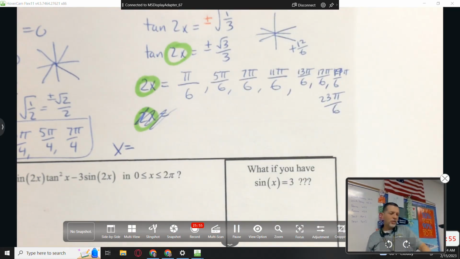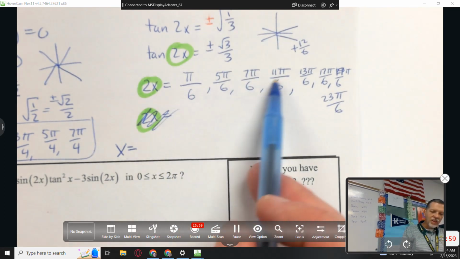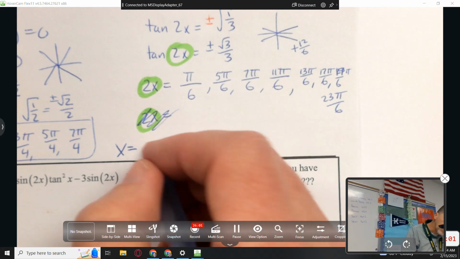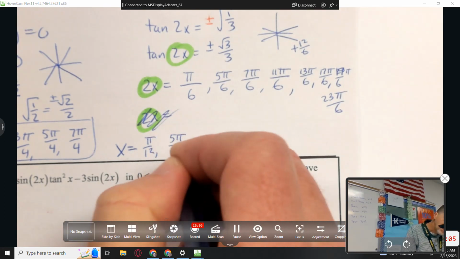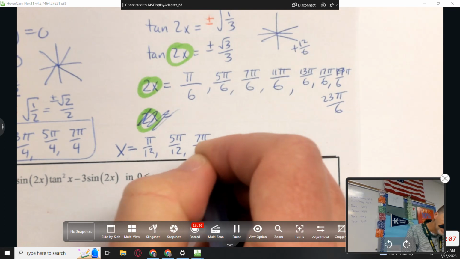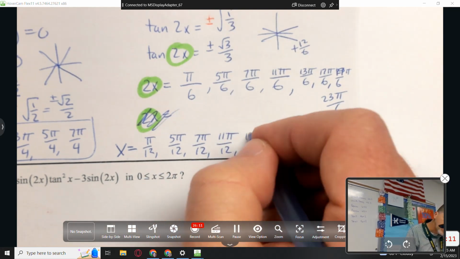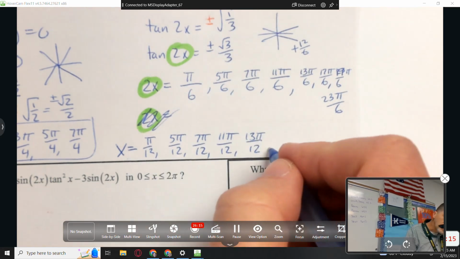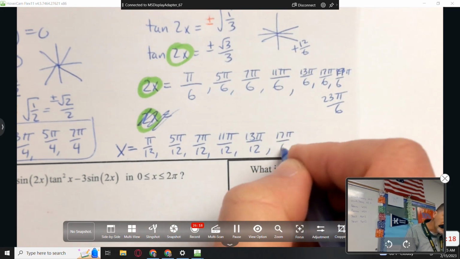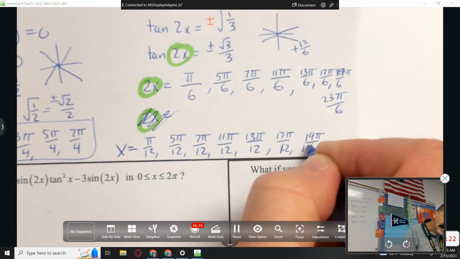Divide them all by 2, which is multiply them all by 1/2. And none of them reduce, so I'm just going to change all those denominators to 12. So everything, all the same answers, just over 12. Why? Be more specific if you can. Why are you changing the denominator from 6 to 12?